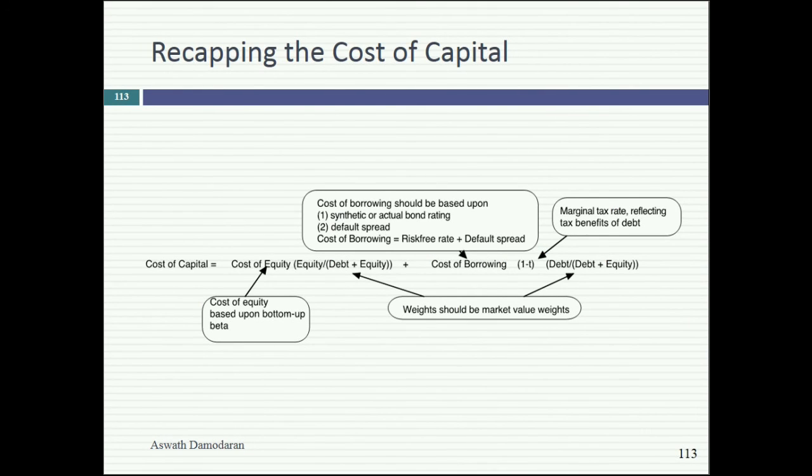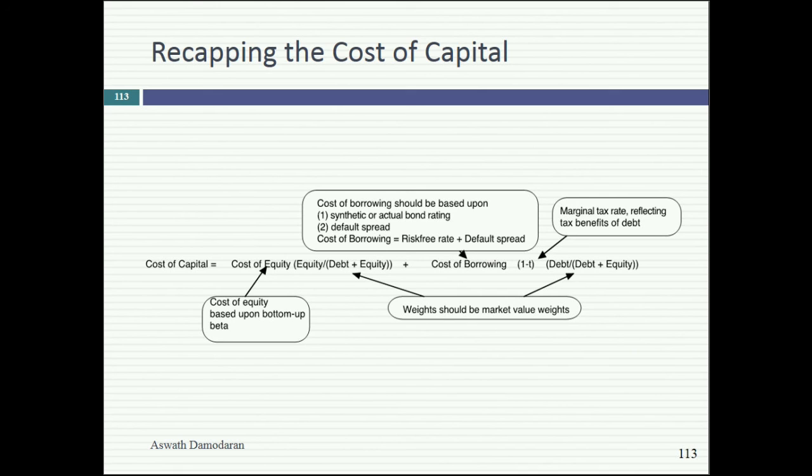So this picture kind of captures everything we've talked about over the last few sessions. Cost of equity comes from looking at equity, bottom-up beta. Cost of debt reflects a rate at which you can borrow money today, which requires a default spread, which you can get from a rating, an actual or a synthetic rating. And the tax rate you should be using should be a marginal tax rate because interest saves you tax at the margin.